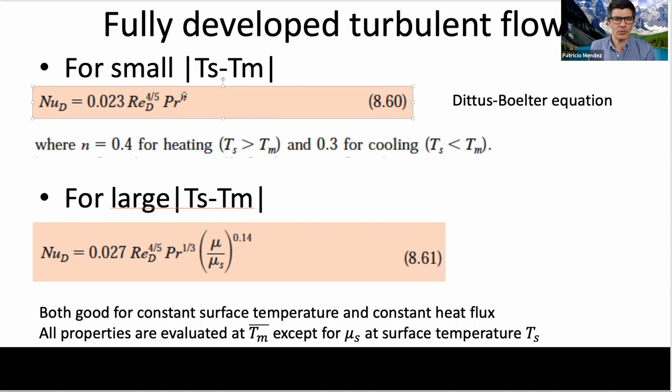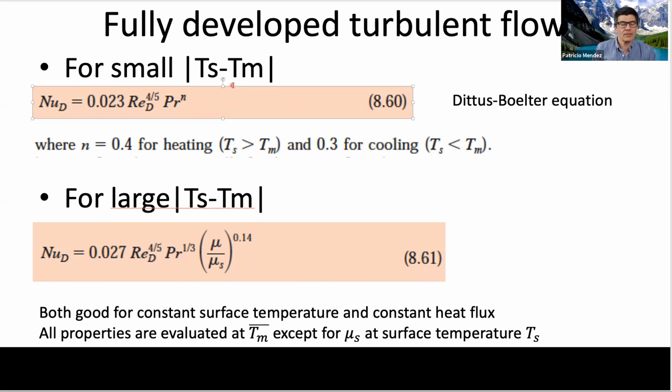And Prandtl to the n. Oh, what n might be? Okay, let's see. Oh, 0.4 or 0.3, depending on whether it's heating or cooling. Isn't this all too similar to the 0.33, right? We're bracketing the 0.33 that came from the external heat transfer over a flat plate in a turbulent situation.